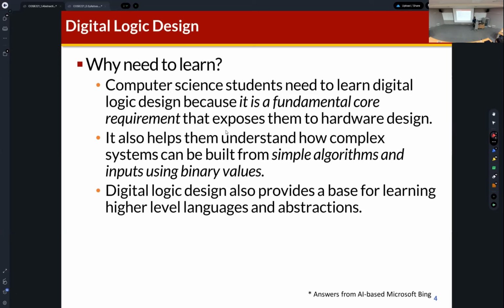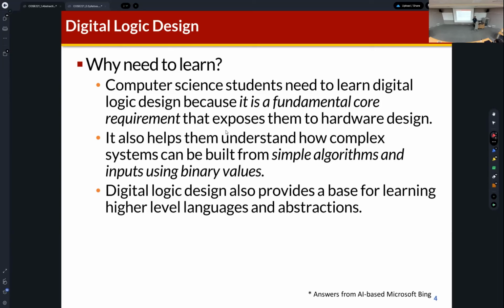Actually, I included this slide last night. So why do we need to learn this? I posted the question on the AI-based Microsoft Bing. Recently ChatGPT is very hot, right? I think it's powered by ChatGPT.